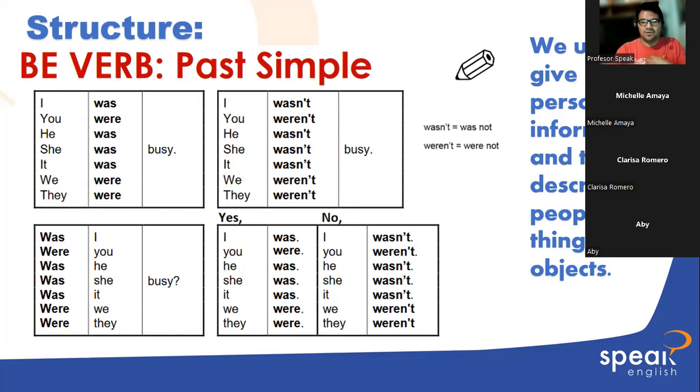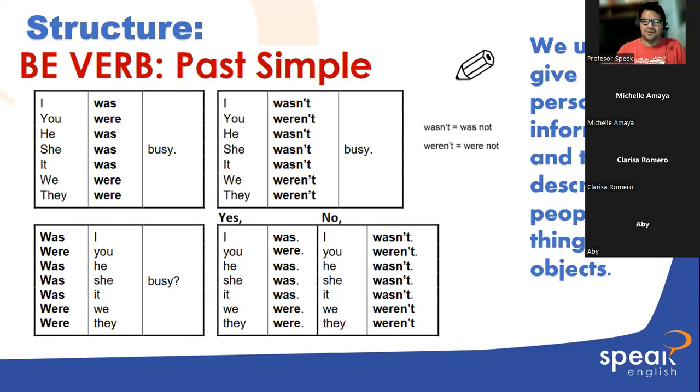Si están como hablando con ustedes mismos, sí se puede hacer esa forma. Pero si están con otra persona y es una conversación, es mejor responder de esa forma. Si no, uno puede decir, estaba ocupado. No, no estaba ocupado. O sí estaba ocupado.